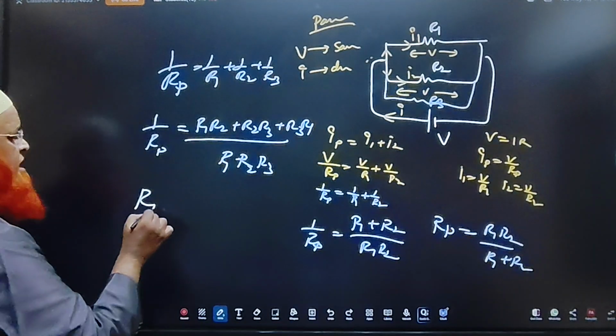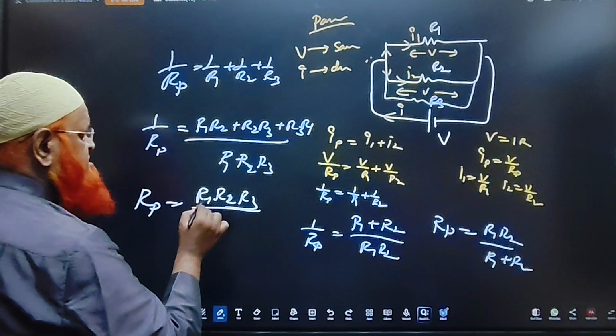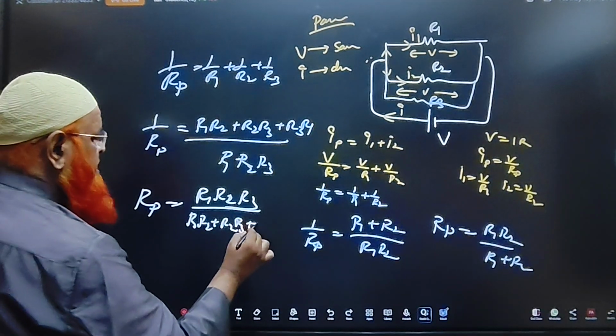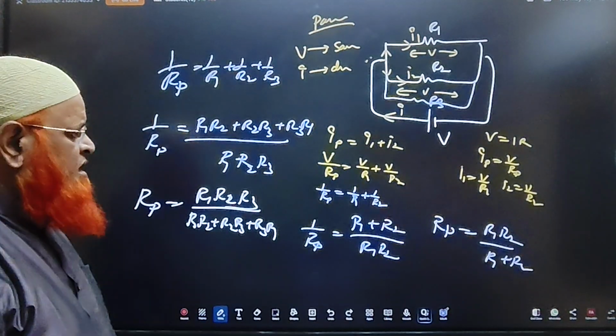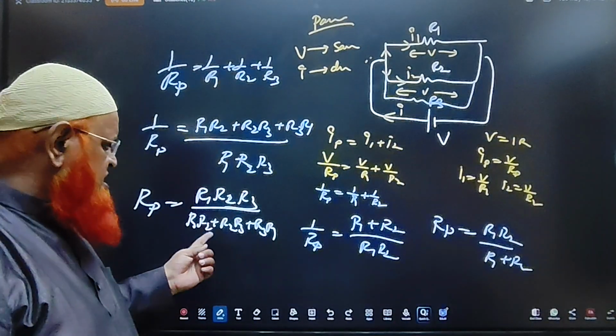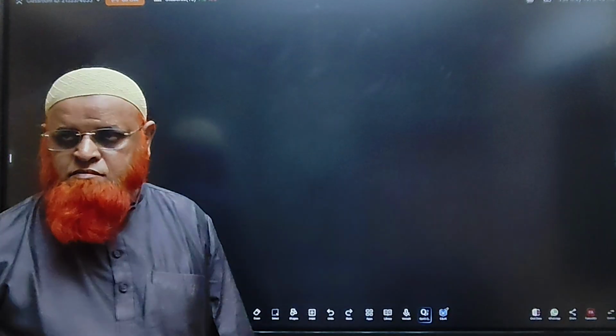So R parallel, if three resistances are there, is R1 R2 R3 by R1 R2 plus R2 R3 plus R3 R1. So this is a shortcut formula for parallel connection. When there are two, R1 R2 by R1 plus R2. When there are three, R1 R2 R3 by R1 R2 plus R2 R3 plus R3 R1, isn't it?